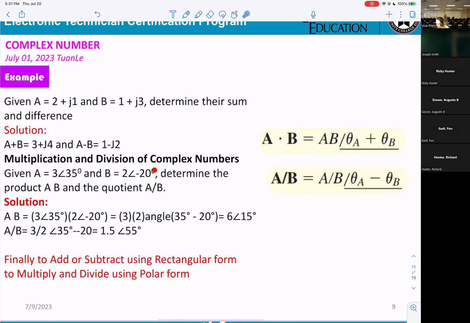If you want to divide, you take 3 divided by 2, you get 1.5, and the angle will be 35 minus minus 20. That means you're adding 20, so it will be 55 degrees.